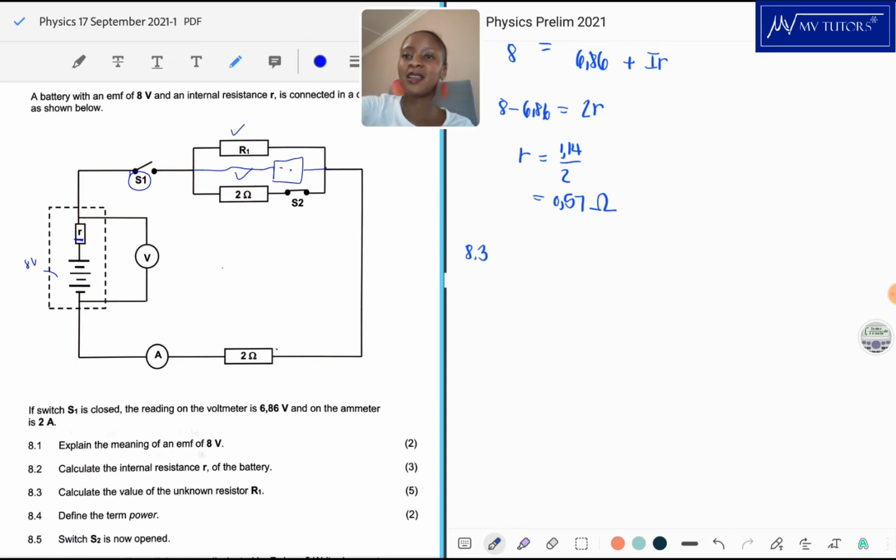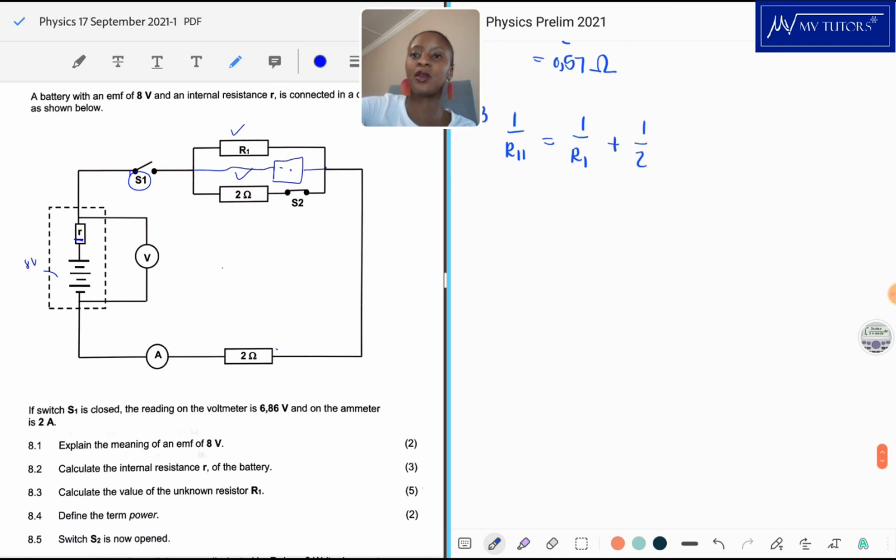Okay, so let's start with the parallel one. So 1 over the parallel resistance, you have 1 over R1 plus 1 over 2. And what we do there, we want to get a common denominator. So you multiply these two and then you cross multiply.